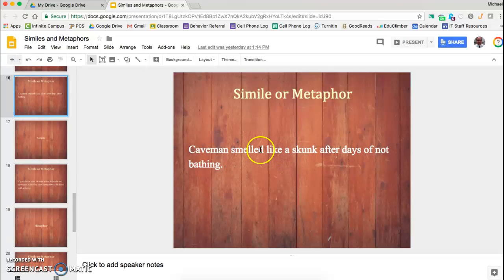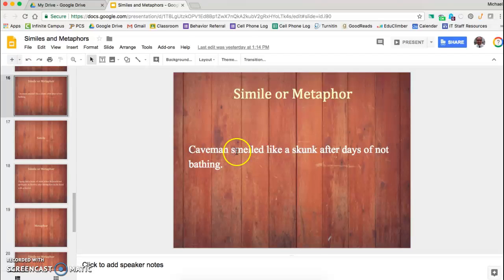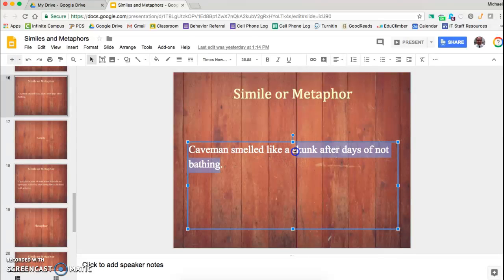In this one, the smell of Caveman, or possibly even just Caveman would be fine for this, is being compared to a skunk. More specifically, a skunk after days of not bathing. So those are the two things being compared. So when it asks you what two items are being compared, that's what I mean, what two parts of the sentence are being compared.